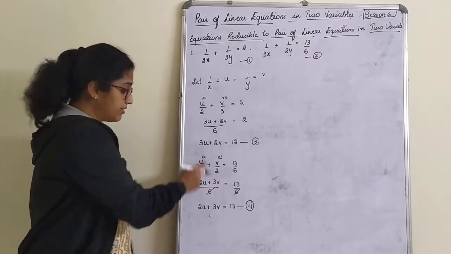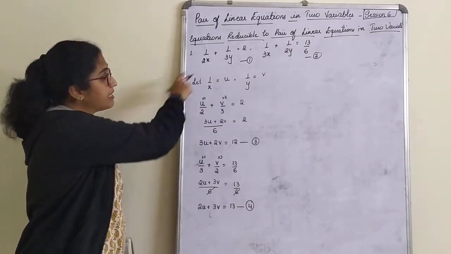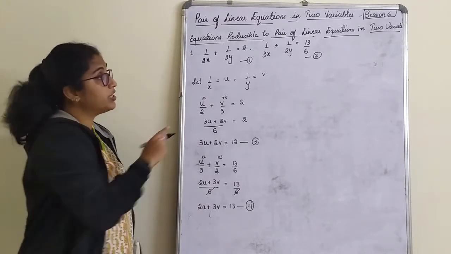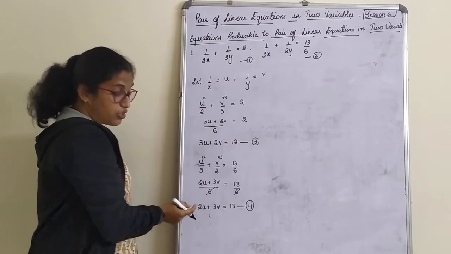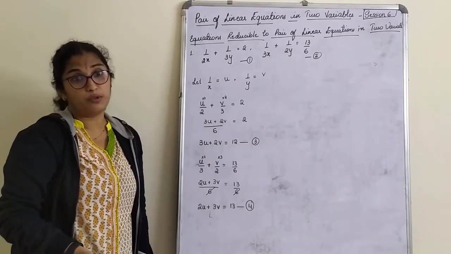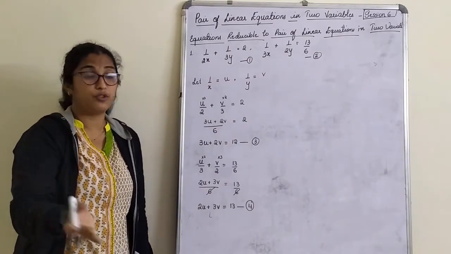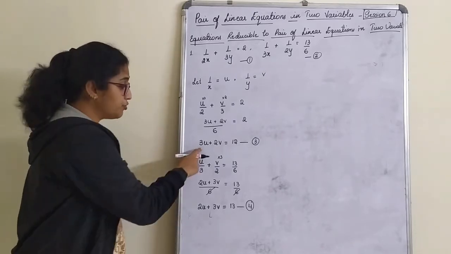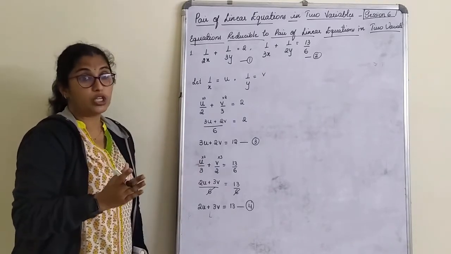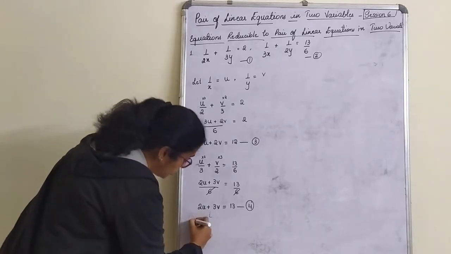Right? Look at this. We have reduced the given pair of equations to linear equation form. Now we know how we have to solve it. How do you solve it? It's left to you. Whether you want the substitution method or elimination method, I'll leave it to you. I will usually go for the elimination method.